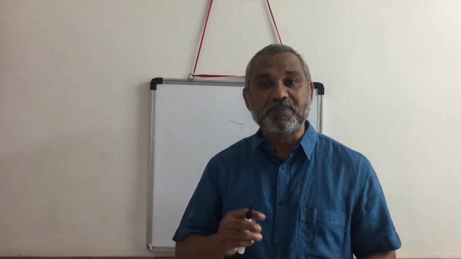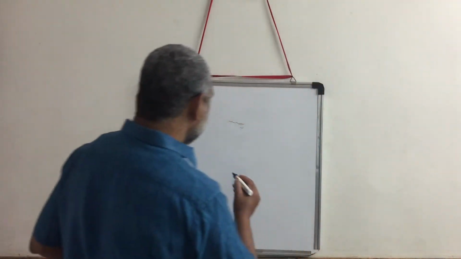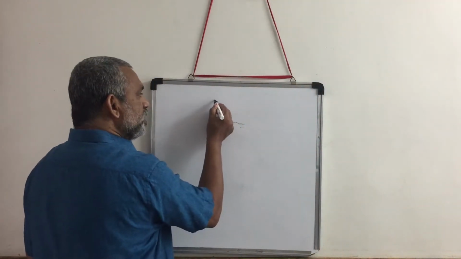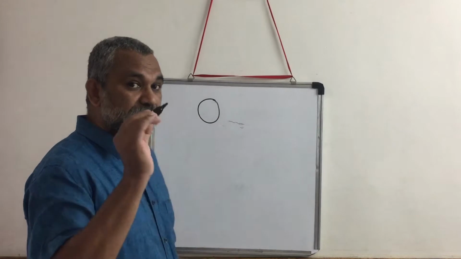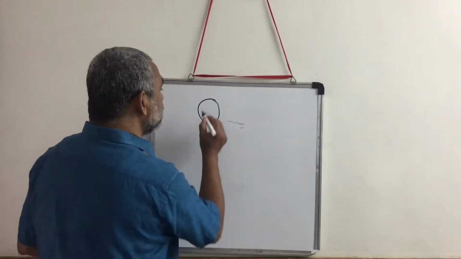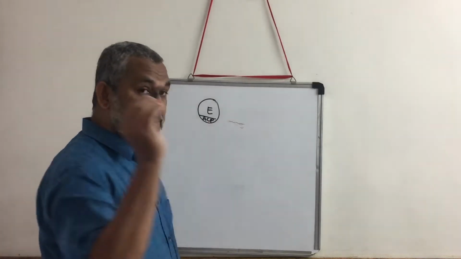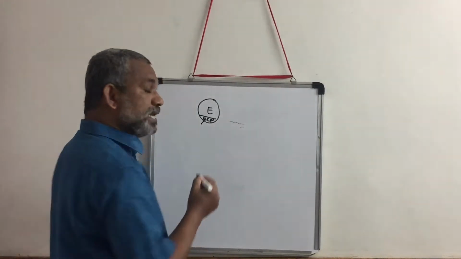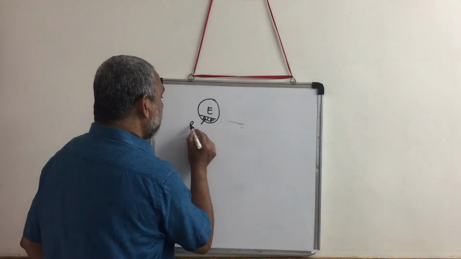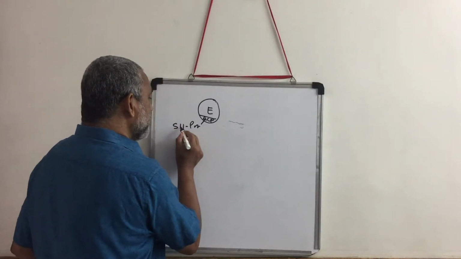So our understanding at the moment when we begin is, we have an enzyme, so let us denote the enzyme in this manner. We are showing only a single unit of the enzyme. Here there is an ACP which is important for us, and we know that the ACP has a pantothenic acid and a sulfhydryl group.